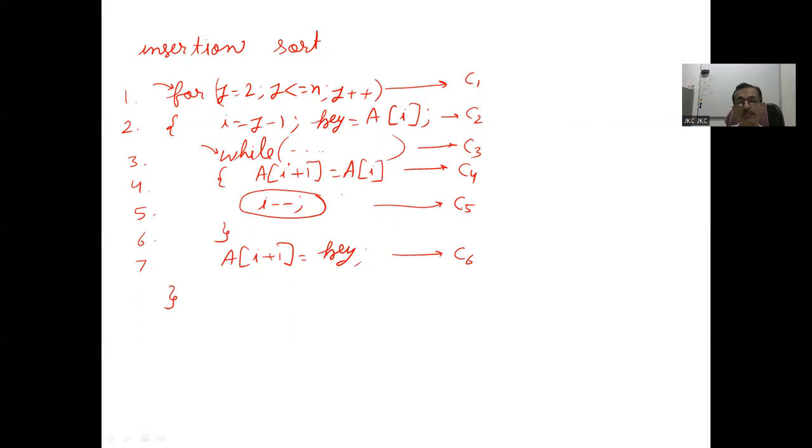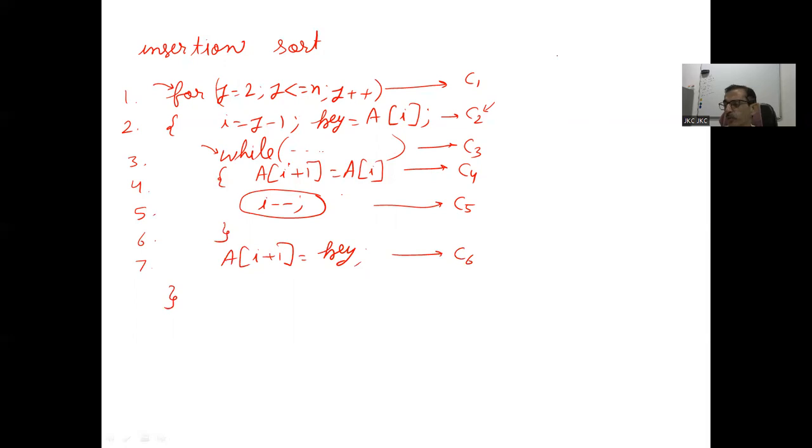So C5 could be much lesser than C3 or C1. Similarly, i equal to j minus 1 plus key equal to a[j] are two statements, so C2 could be almost double of C5. Those kinds of things can be taken whenever we are doing the actual calculation, but it still gives me a fairly good idea how we do analysis.